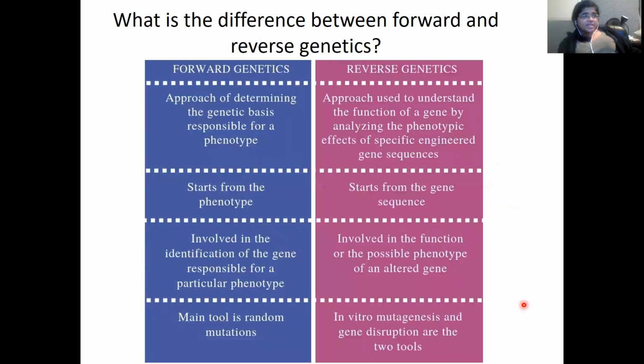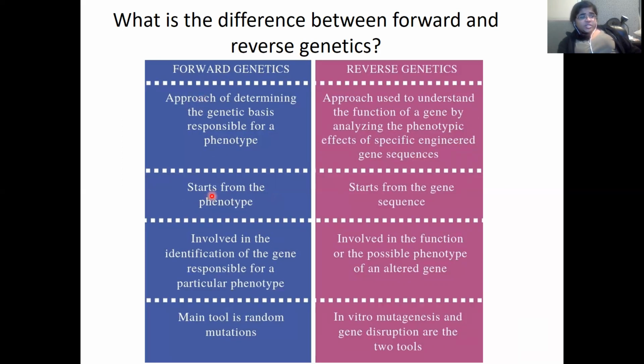Forward genetics is the approach of determining the genetic basis that is responsible for a phenotype. Whereas reverse genetics is trying to understand the function of a gene by analyzing the phenotypic effects of a specifically engineered gene sequence.